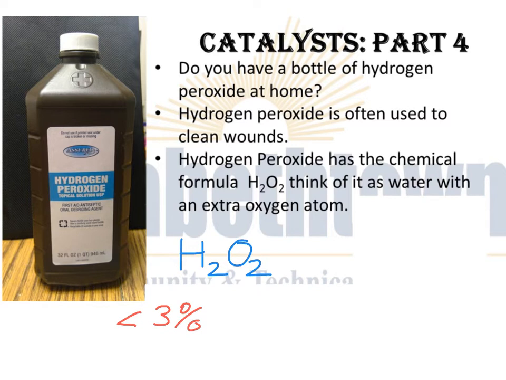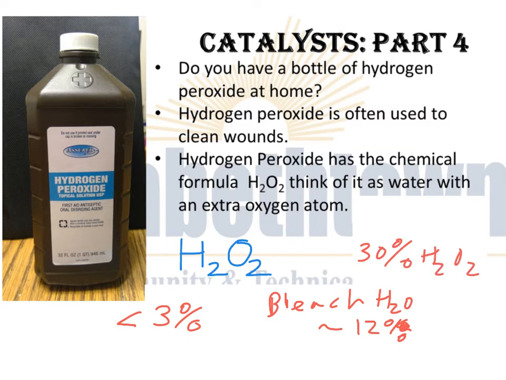We know that hydrogen peroxide can bleach hair, but to bleach hair, you use a much stronger concentration, in the neighborhood of 12%. 30% hydrogen peroxide, which is what we have in our laboratory, is enough to strip the skin from your bones.